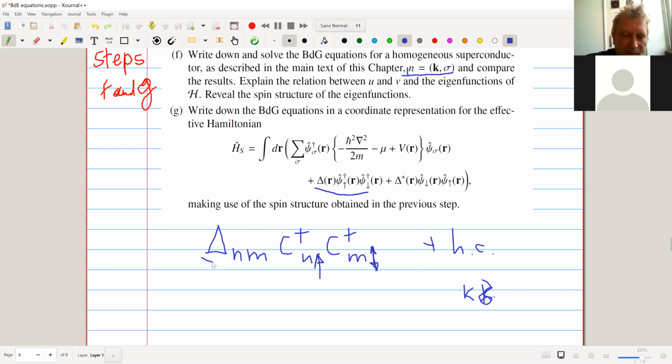So one can see this matrix at each k as, let me write the spin index separately.